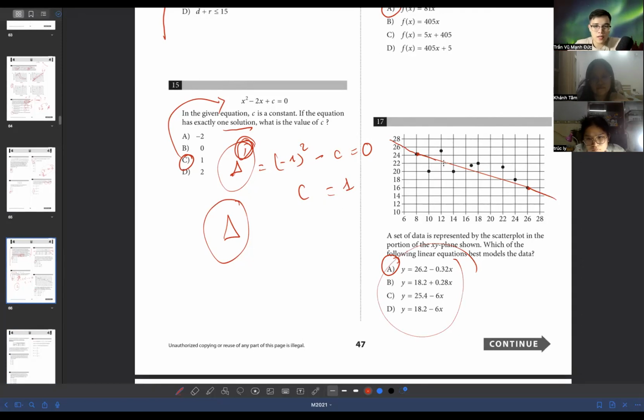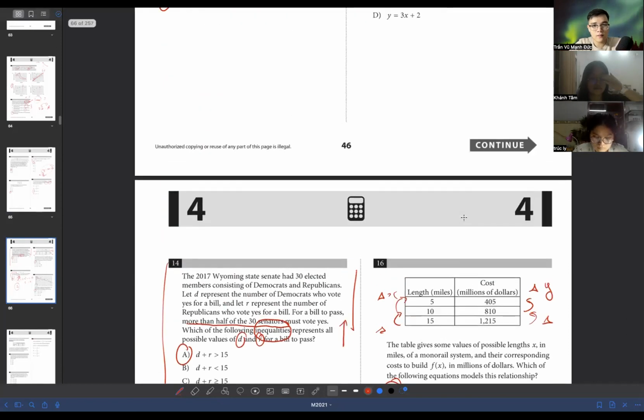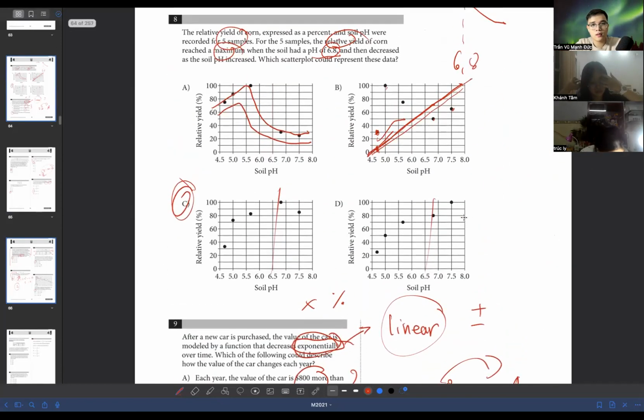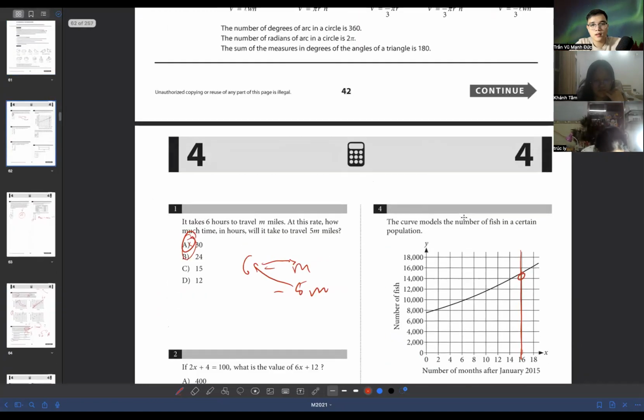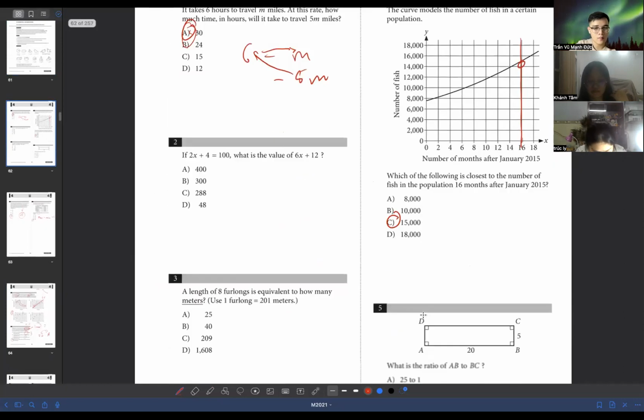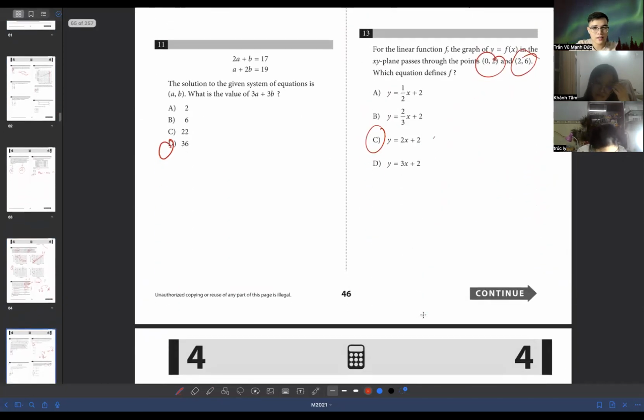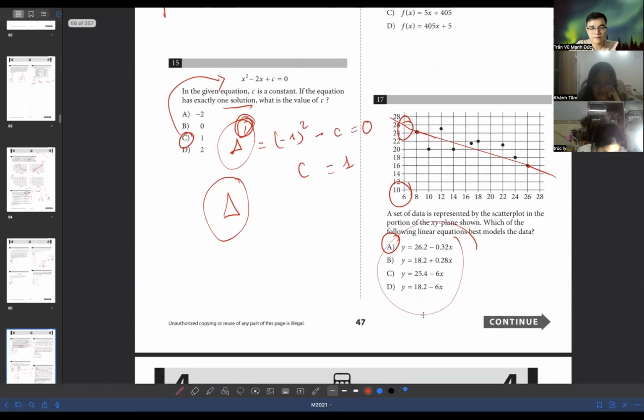Just remember to look at the axis, because it's not always going to start from 0. They can start from 6, from 10, even from 1. So these will not be the y-intercept. This one has the y and x axis, so you know that this is the y-intercept, but this one doesn't, because it is truncated. So just be careful.